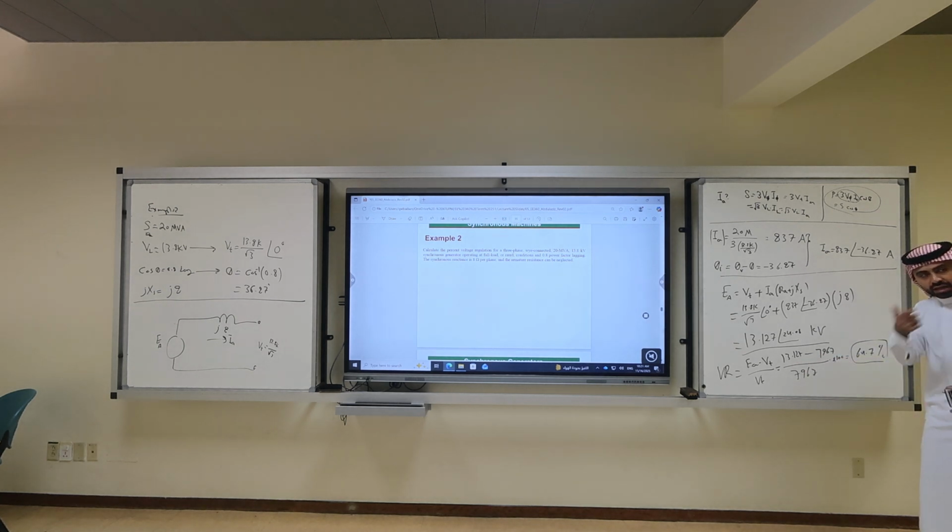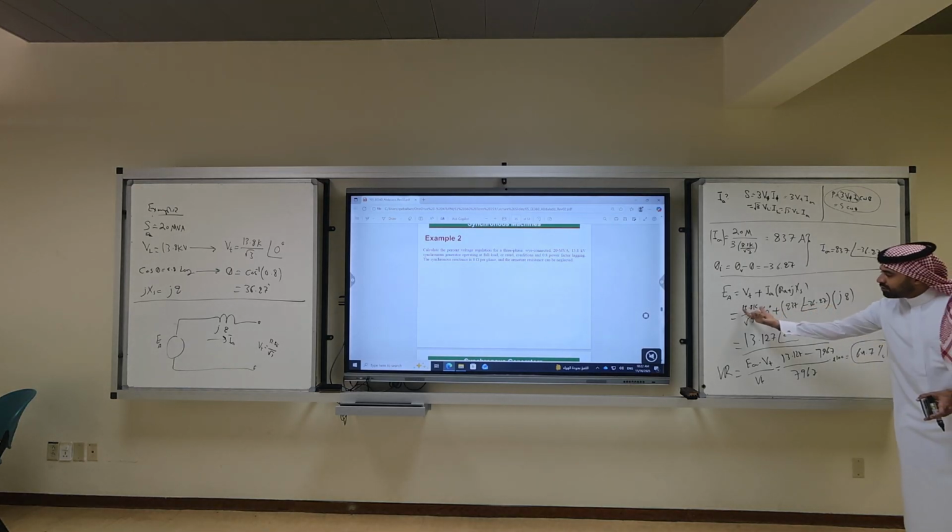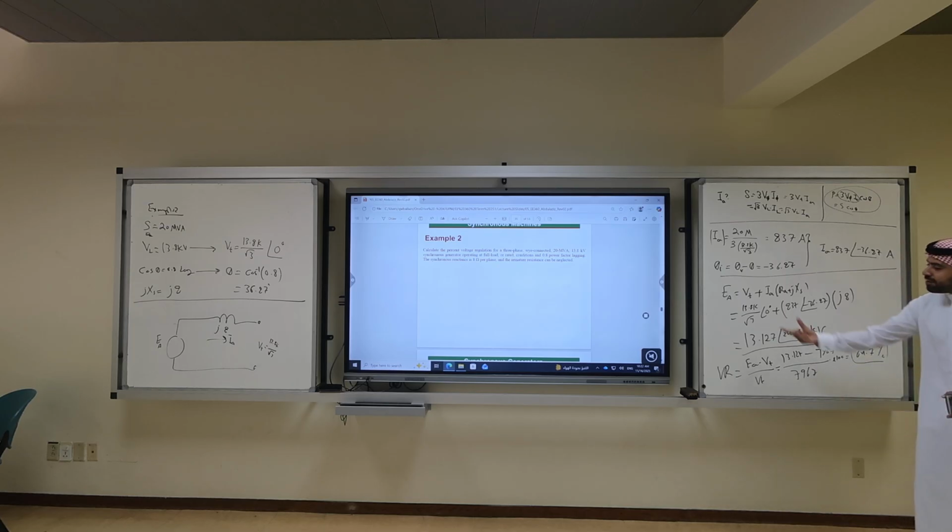To get a small VR, you have to manipulate the angle of the IA, meaning changing the power factor, or reduce the V terminal. But again, if you reduce the V terminal, you will reduce this side also. So it has more impact.